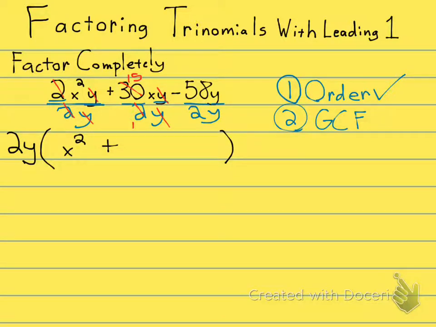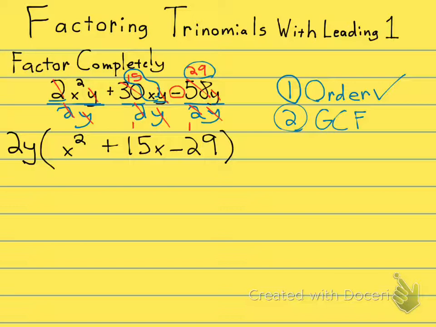So I'm left with 15x. Okay, this is just like dividing polynomials. And in the last term, 2 goes in here once, 2 goes into 58, it's 29, and y cancels with y. So all I'm left with here is 29, and it's going to be a minus 29.